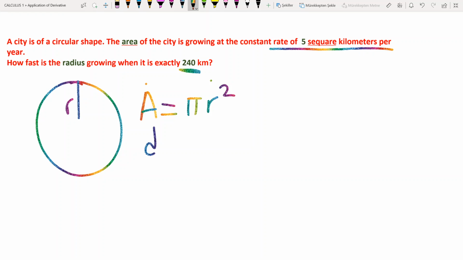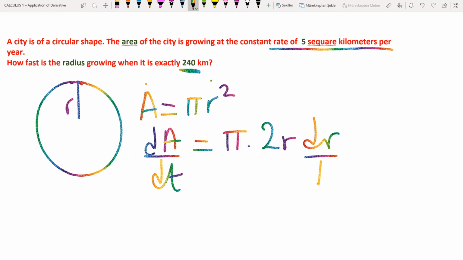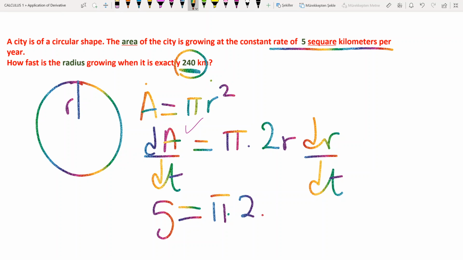Let's differentiate each term with respect to t. dA over dt is equal to pi times 2r times dr over dt. The dA over dt is given in the problem, which is 5. So 5 is equal to pi times 2 times r, and r is given, this is 240.